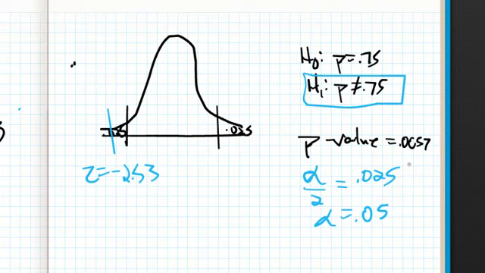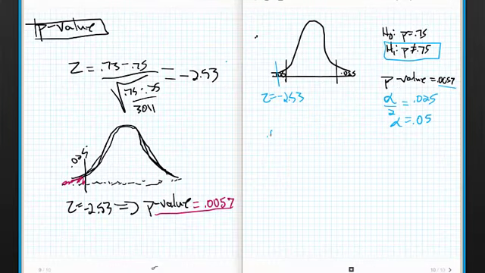If this p-value, 0.0057, is less than 0.025, which would be defined by this critical value right here, which we knew was negative 1.96. But remember, we're ditching the whole critical value thing, although we'll keep revisiting it over and over. Since 0.0057 is less than 0.025, we're going to reject the null.